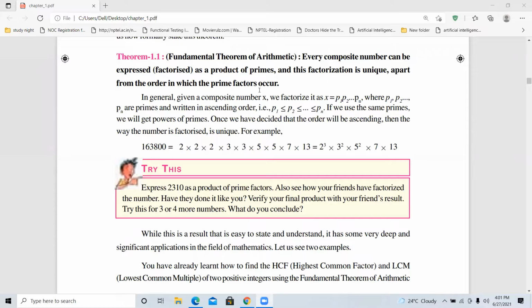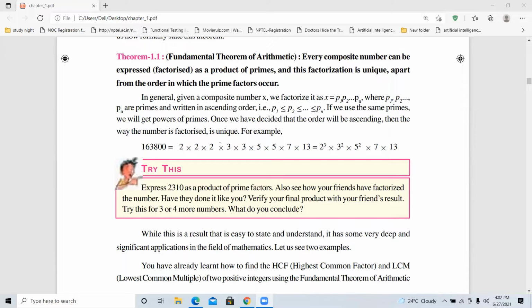Once again, I am going to explain the fundamental theorem of arithmetic using the prime factorization of 163800 that we did in the previous video. After doing the prime factorization, I got the prime factors like this: 2 into 2 into 2, 3 into 3, 5 into 5, into 7 into 13.